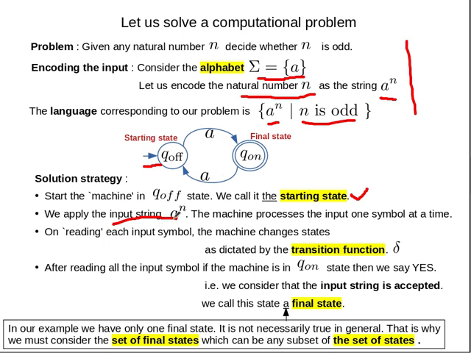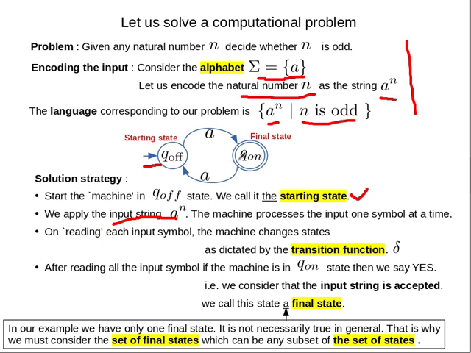And on this input string, what does it do? It just reads this input string one symbol at a time. It reads n many a's, and after reading each symbol, it makes the appropriate transition. It starts here. On reading the first a, it makes this transition and goes here.